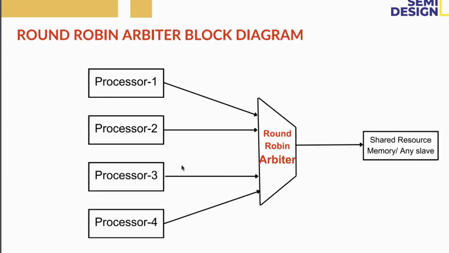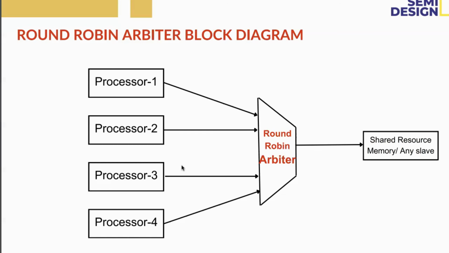So this is the round robin block diagram. In every SoC there will be n number of processors, not a single processor. N number of cores is nothing but n number of processors. Every processor needs to access some memory. The shared resource is nothing but the memory.